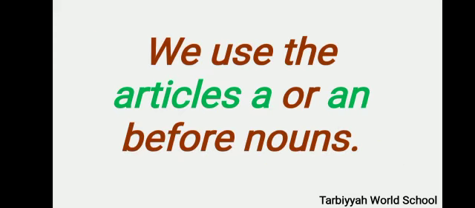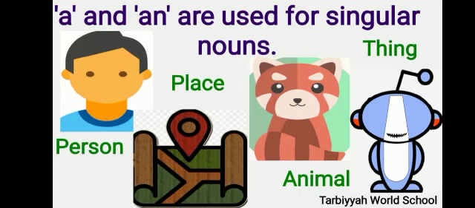Okay. Now where do we use article a or an? We use the articles a and an for a singular noun, for a singular person, place, animal, and for a single thing.